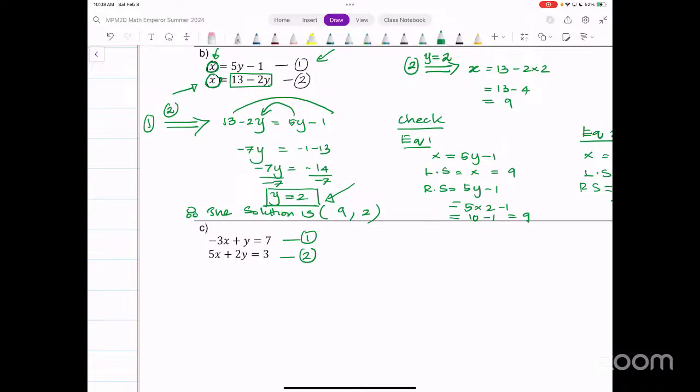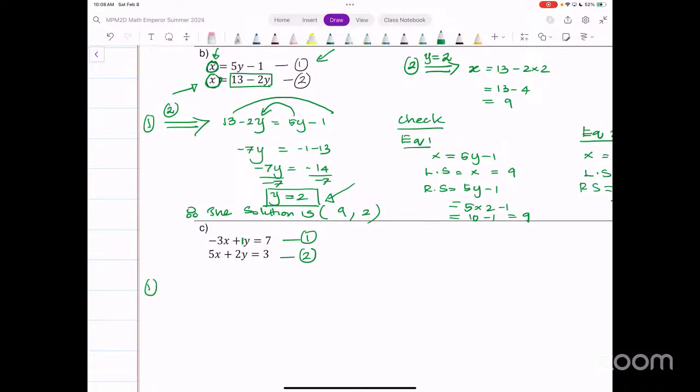So always see if any one of those variables has a coefficient of 1 in front of it. Do any of the equations have a coefficient of 1 in front of a variable? The first one has in front of y the coefficient of 1, isn't it? So therefore, it's easy to isolate for y.